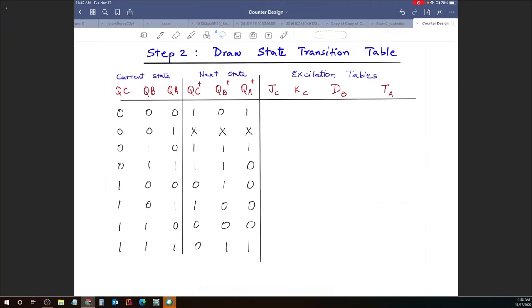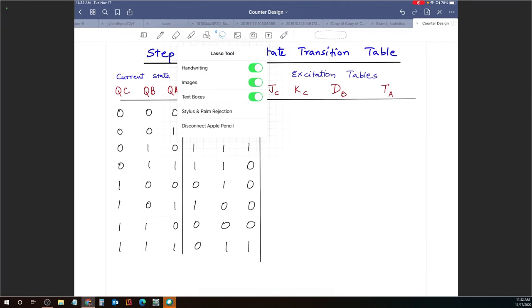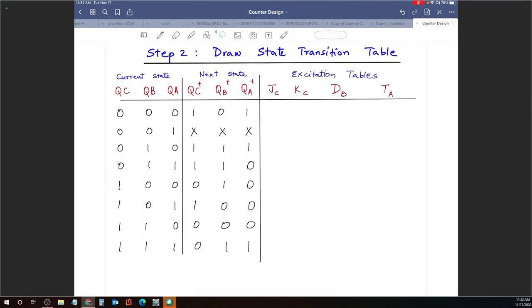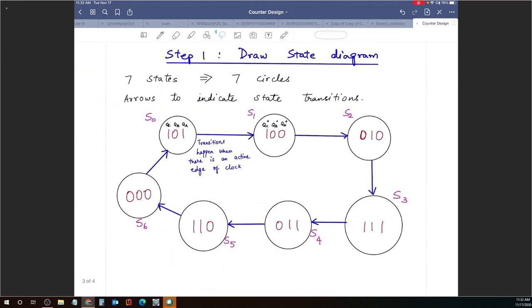Let me do DB first. What should I fill in for DB? The flip-flops are for helping with the transitions. You see, I need to transition from here to here to here to here, right? So we have a 3-bit counter, so I would need 3 flip-flops to do it.